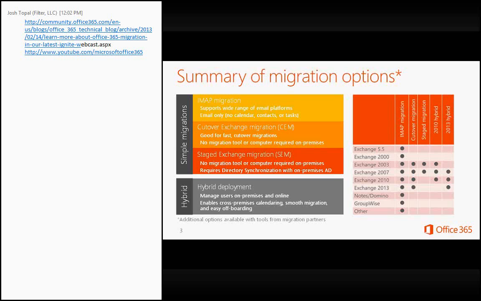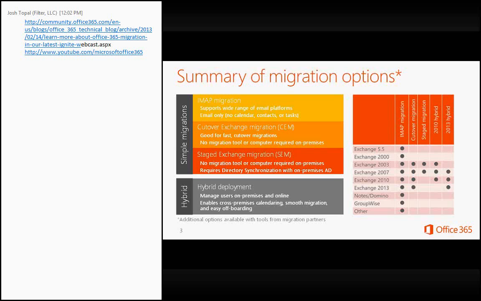But a quick background on hybrid: it is essentially a rich coexistence, designed for a more gradual migration to Office 365, and either for a longer-term or a permanent coexistence between Exchange on-prem and Office 365. The hybrid piece gives you more features and functionality than the simpler migrations we're going to talk about today, essentially things like sharing free/busy and sharing calendars.